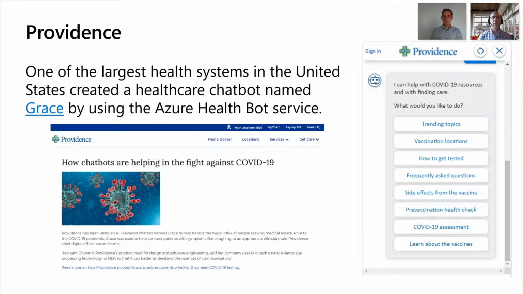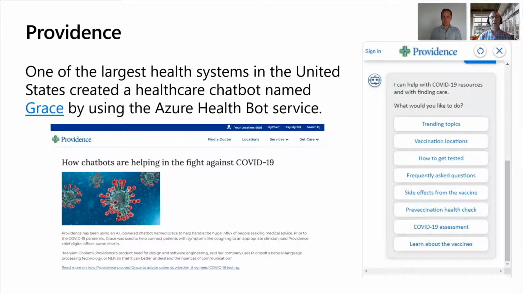They recognized that time-sensitive need, and so Providence used their own clinical protocols, guided by the CDC's guidance around COVID-19, and developed a COVID-19 or coronavirus assessment tool in just 3 days, and had that deployed and operational for the communities that they serve. The tool helped people decide whether or not they should seek medical attention for their respiratory symptoms.